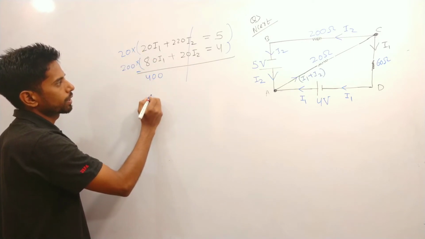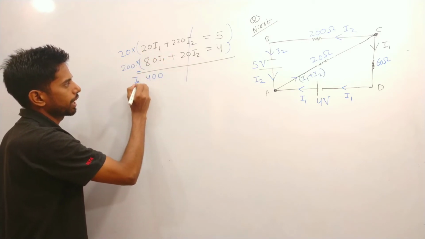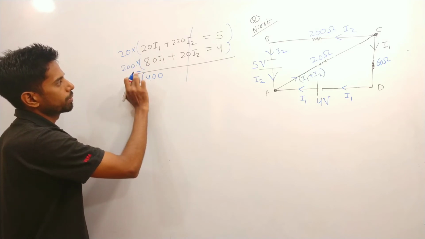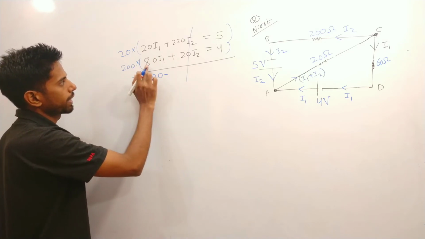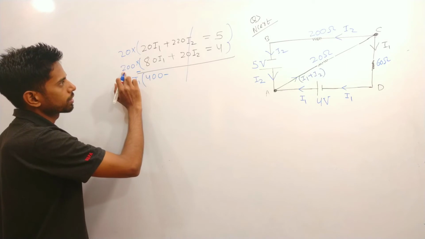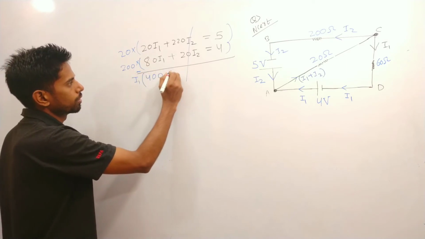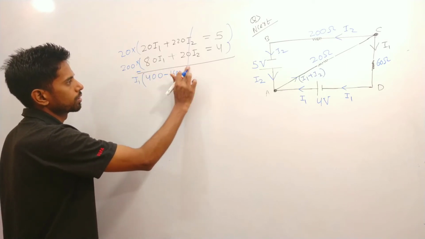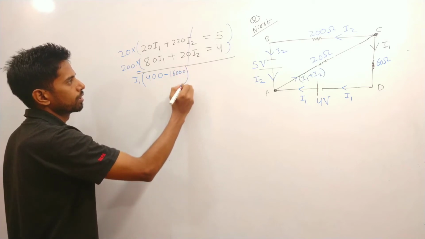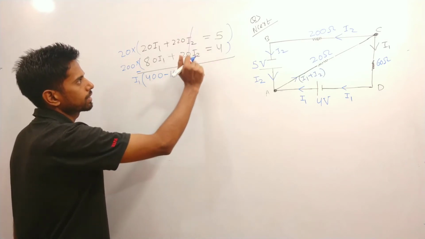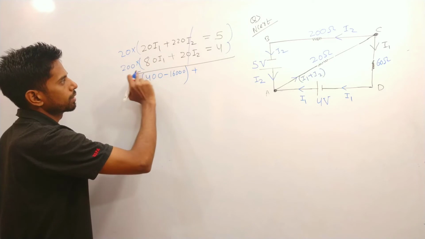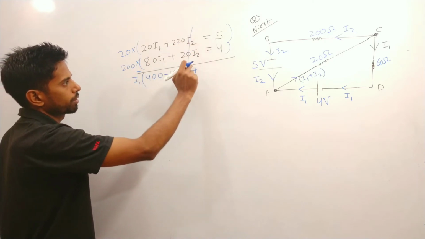I1 is there, so you can take I1 common. Now in between a negative sign is there, so put negative. 8 into 2, 16, 0, 0, 0. This will cancel. If you multiply this whole and subtract, it becomes cancelled.